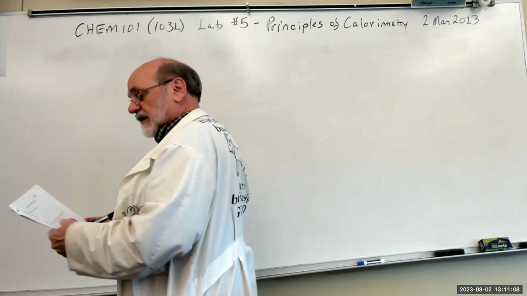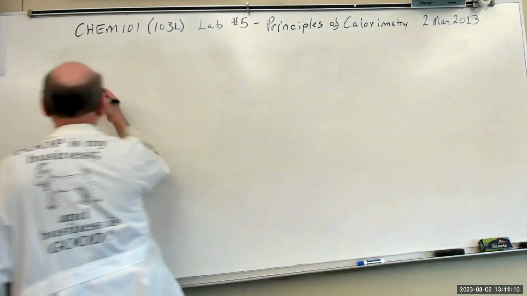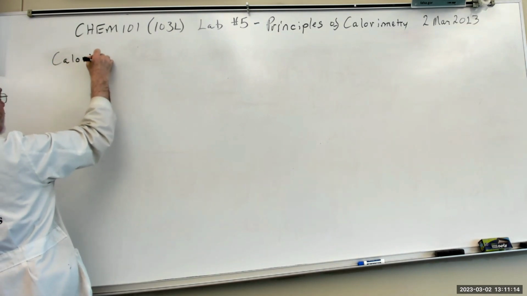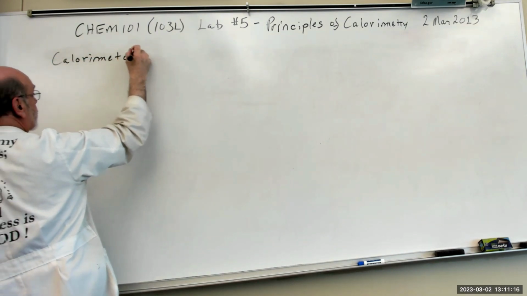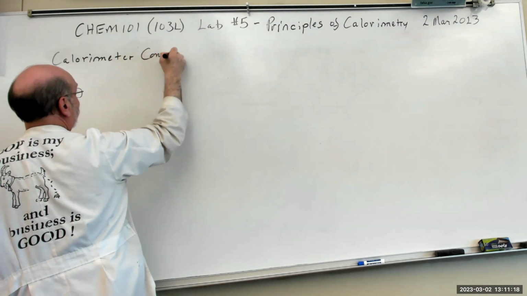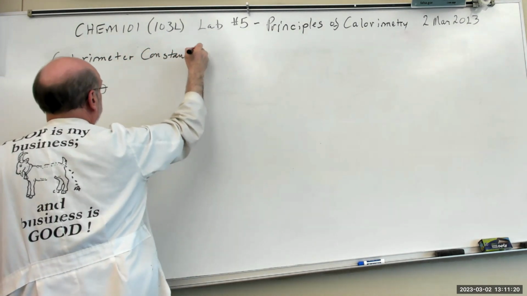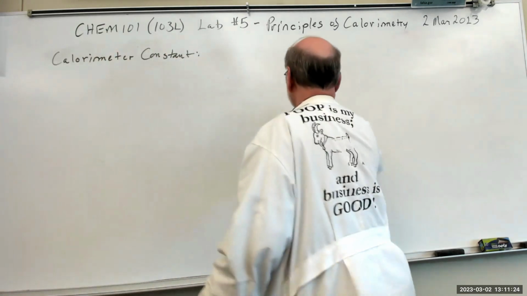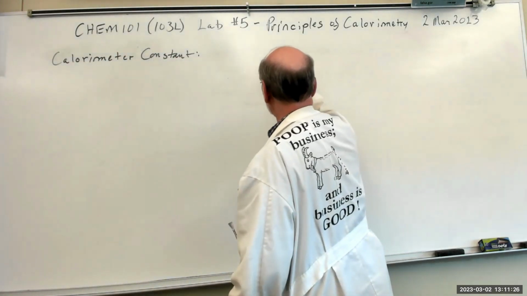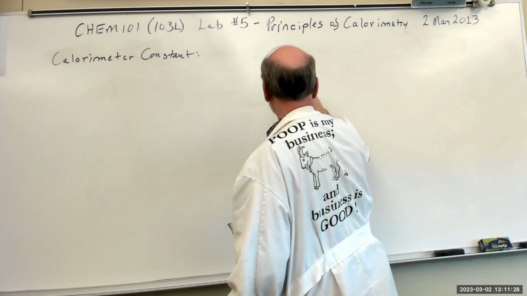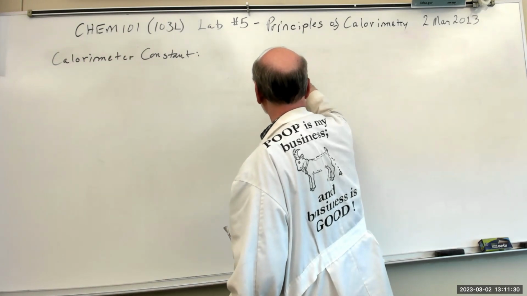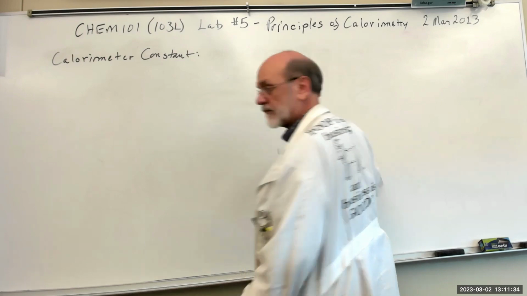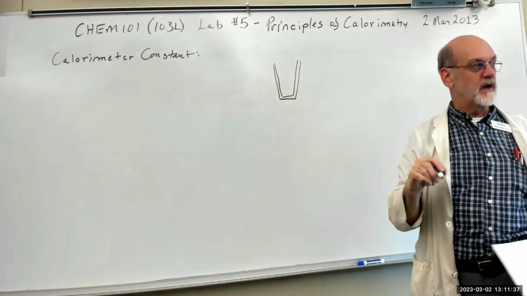Okay, so the first thing we're going to do is determine the calorimeter constant. The calorimeter is going to be, let's see, draw these. It's going to be a cup within a cup. Styrofoam, 2 styrofoam cups, one inside the other.